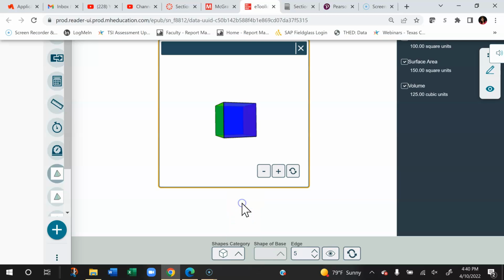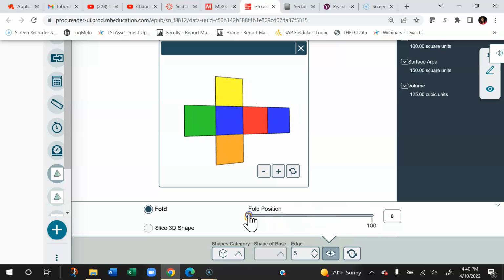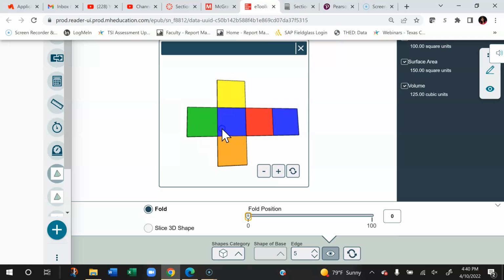And I'm going to come here and I'm going to unfold this. And that is the net of this particular shape. So when you think about a net, think about starting with your base and then unfolding the sides, okay? And that's what you're looking at.